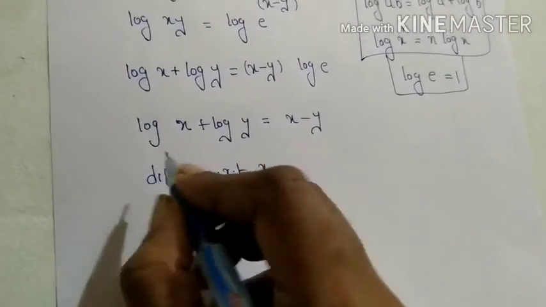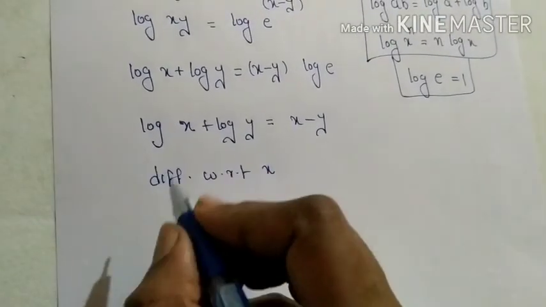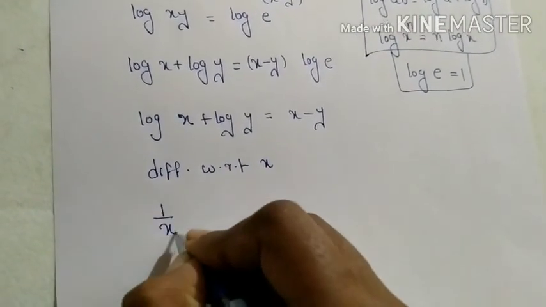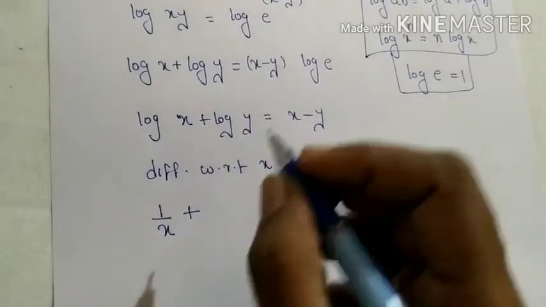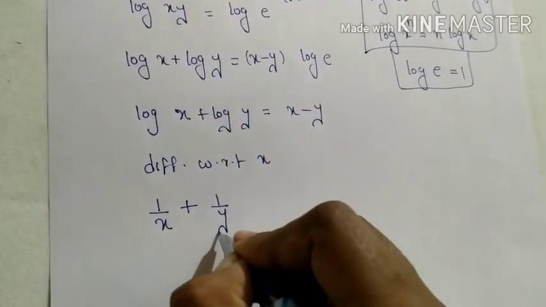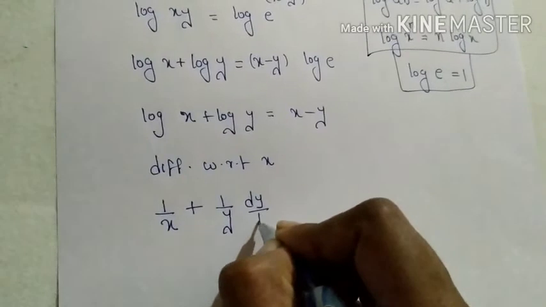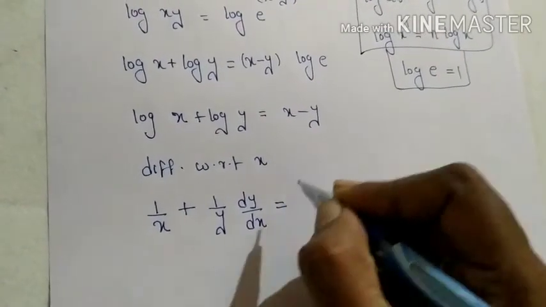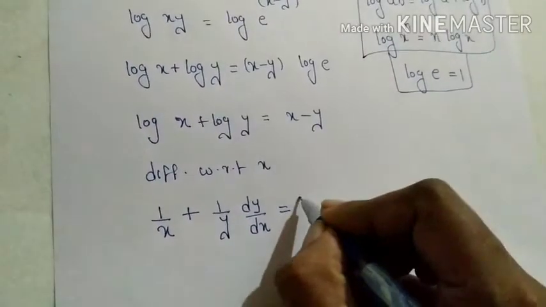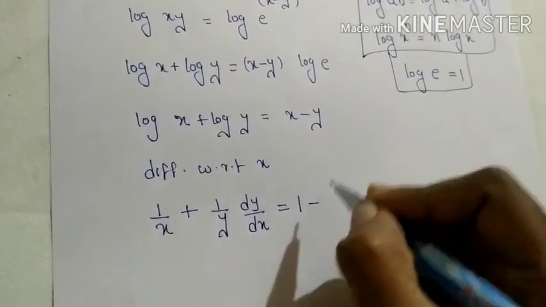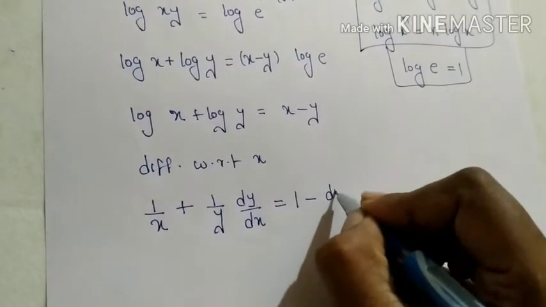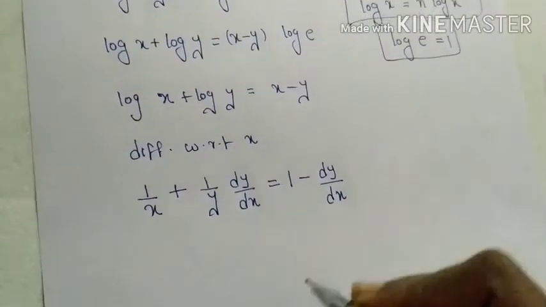We get derivative of log x is 1 by x, and derivative of log y is 1 by y into dy by dx equal to derivative of x is 1 minus derivative of y is dy by dx.